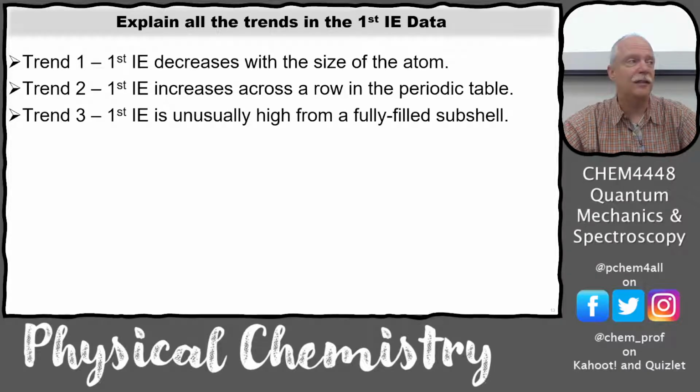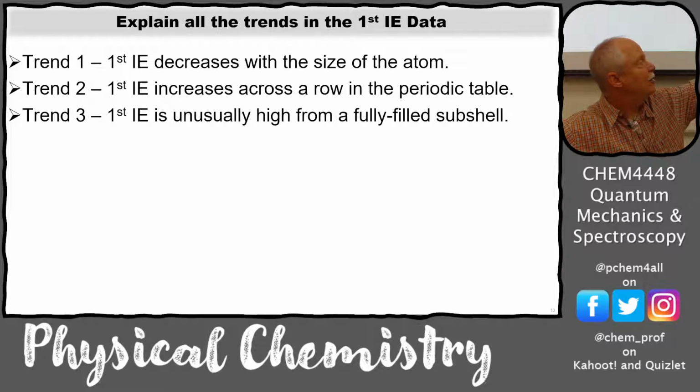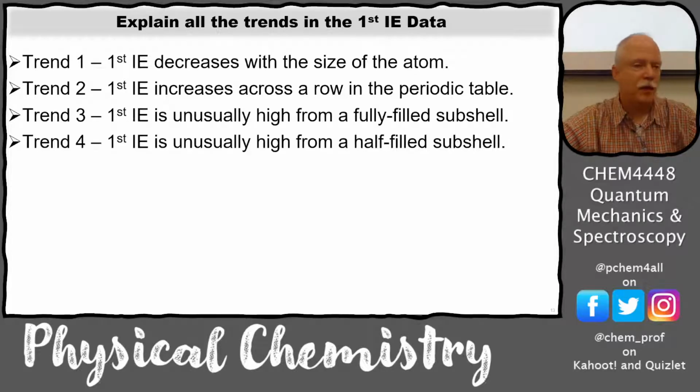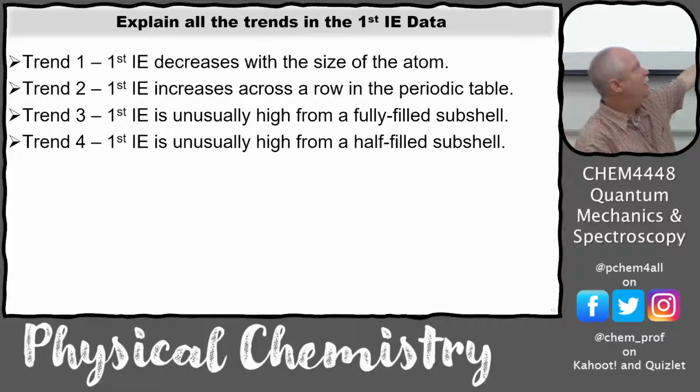That's your noble gases, but also the group 2 elements. Those have fully filled s orbitals. And the 3d10, zinc, cadmium, mercury, that's a fully filled d subshell. And then the first ionization energy is unusually high from a half-filled subshell. Help me find on the periodic table the ones that have half-filled subshells. What's a subshell?